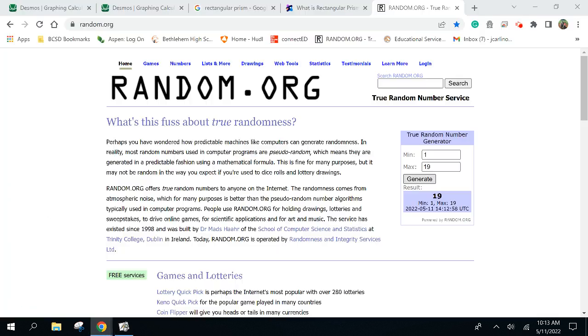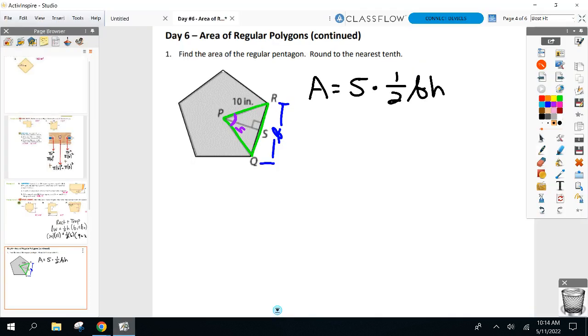What do we got for angle RPQ? 72. And what do we say about, anybody remember, what's the height do? Bisects it.